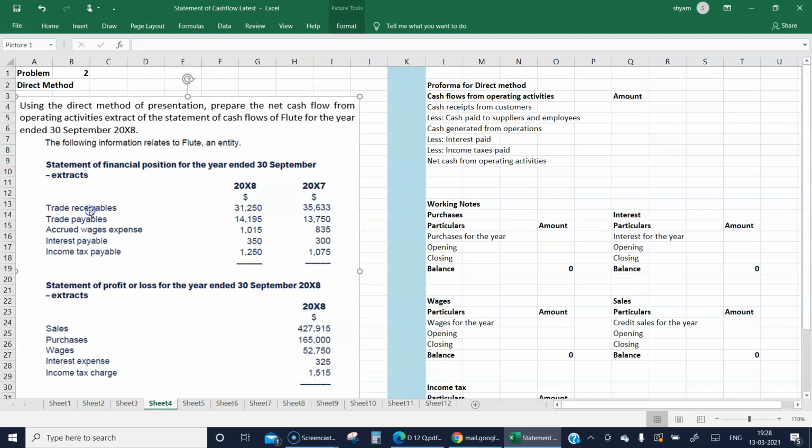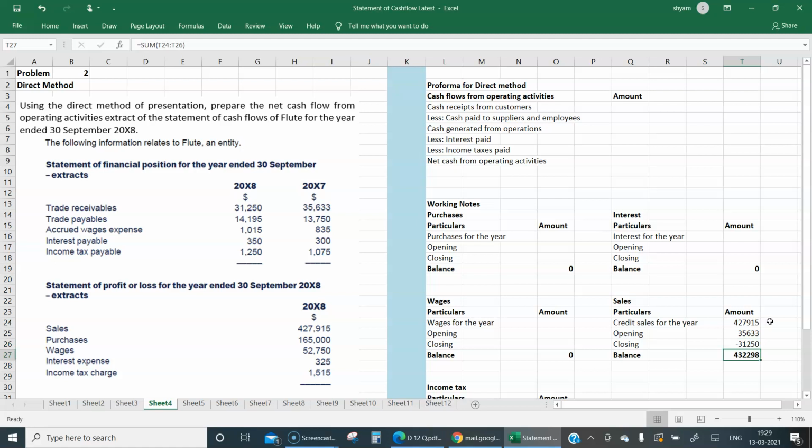We'll start from trade receivables. Sales is here. The credit sales for the year is totally 427,915. And the last year credit sales, for which we have not yet got the amount, comes to 35,633. This is what we would receive in the current year, but what is still not received is the closing credit sales, which comes to 31,250.